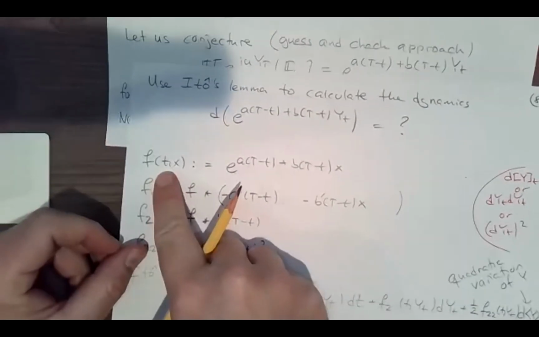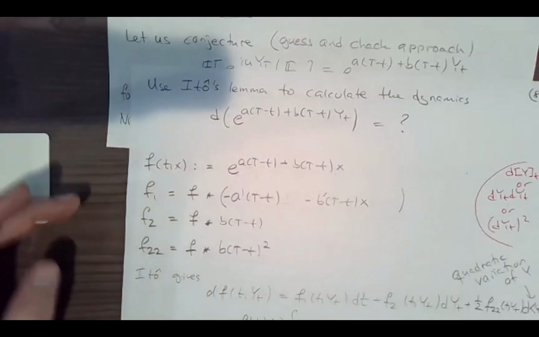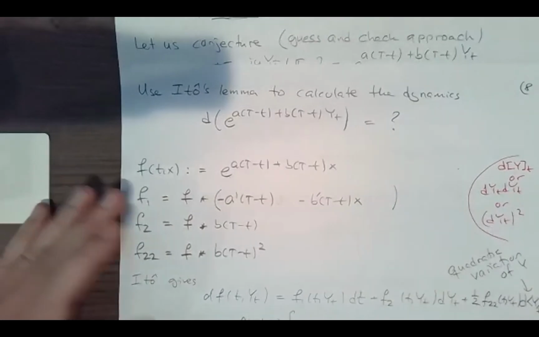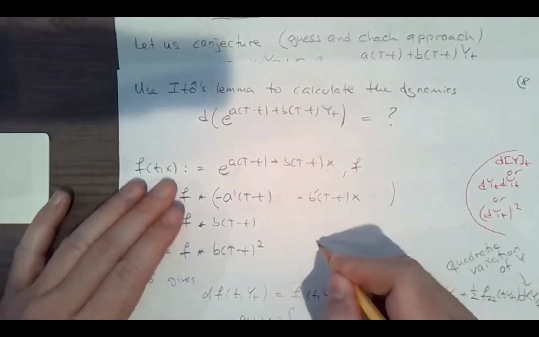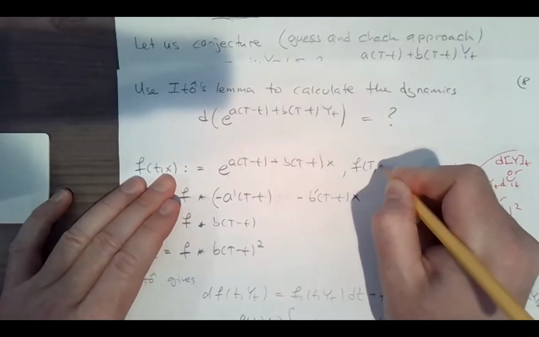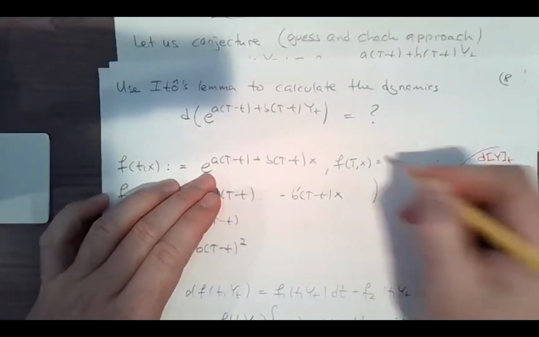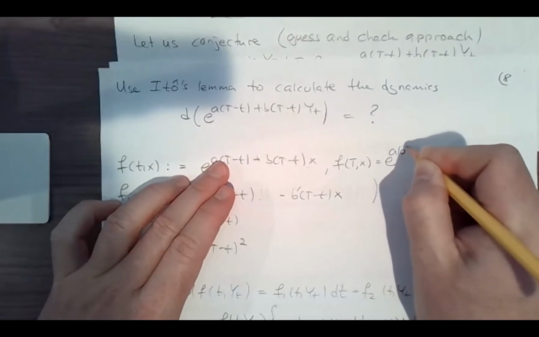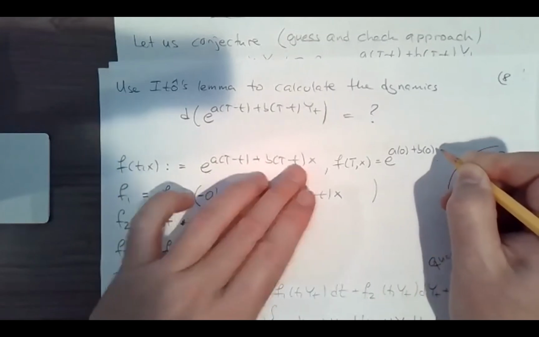If I look at my function f of t and x, if I evaluate this function at f at capital T and x, I'm going to get e to the a evaluated at 0 plus the b evaluated at 0 times x.